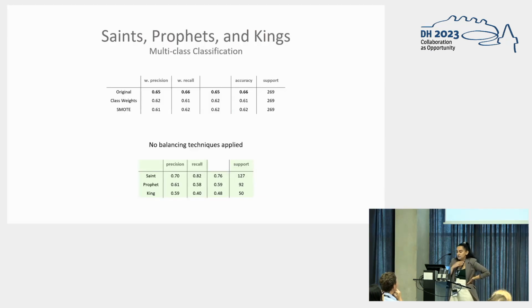As we expected, limiting the annotation space and constructing more populous groups for saints, prophets, and kings led to better performance. It led to an accuracy score in the range of 61 to 66%, and we see that models suffer when it comes to predicting minority classes.